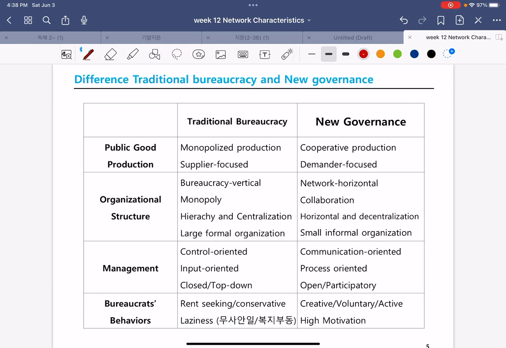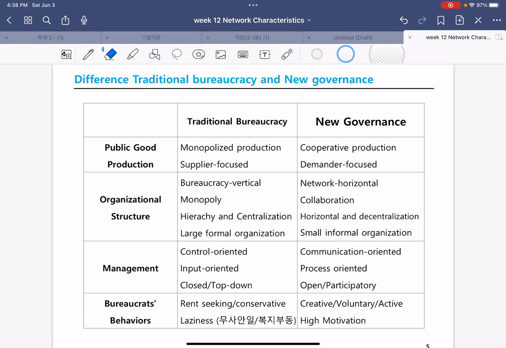The participants, such as government, citizens, non-profit organizations, non-government organizations, and private companies, cooperate together to produce public services.